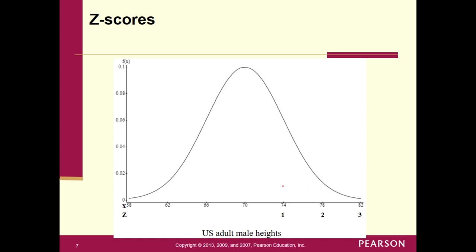And then 3 for 82. How about 66? We went out 1 standard deviation, but we went left on the number line, so that would actually be a -1. And 62 would be a -2, and 58 would be a -3. And what would 70 get? 70 would get a 0 for a z-score.